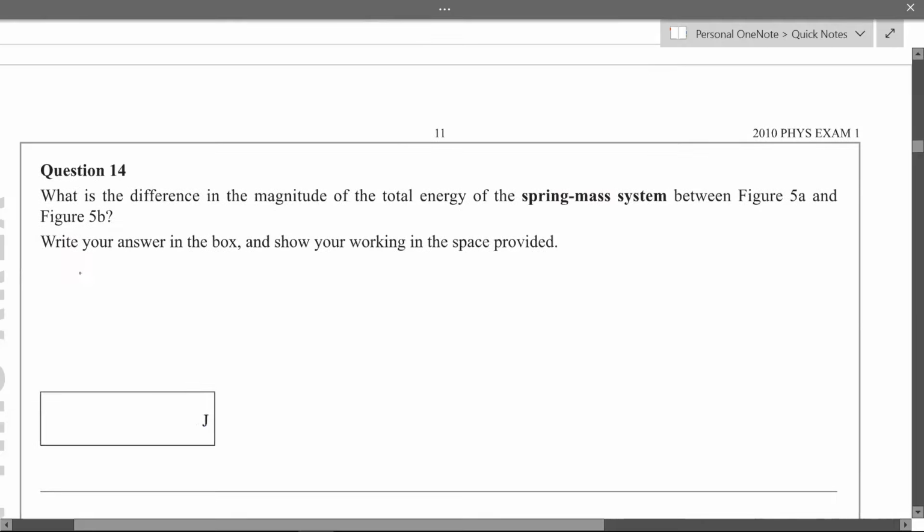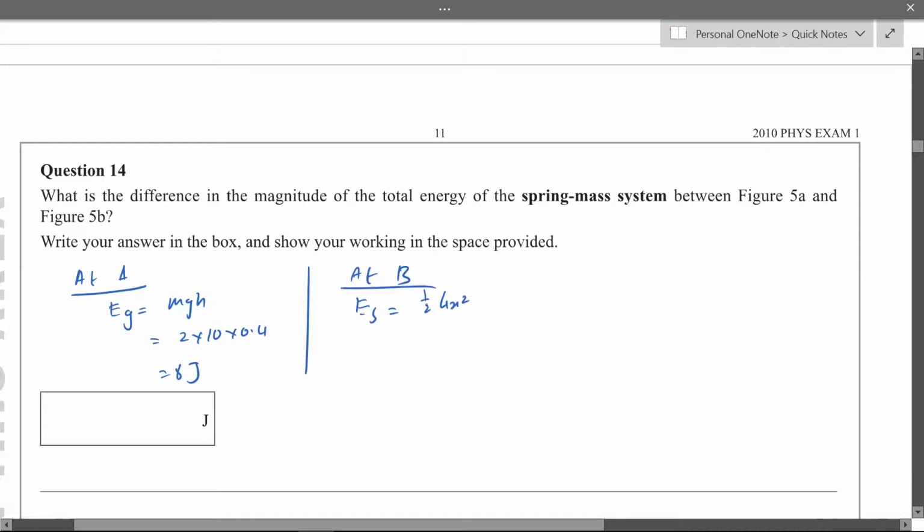So at A, we just have gravitational potential. That's mgh. It's 2 times 10 times 0.4, which is 8 joules. At B, we just have spring potential, so that's half kx squared, so half times 50 from the previous question, times 0.4 squared, which is 4 joules.